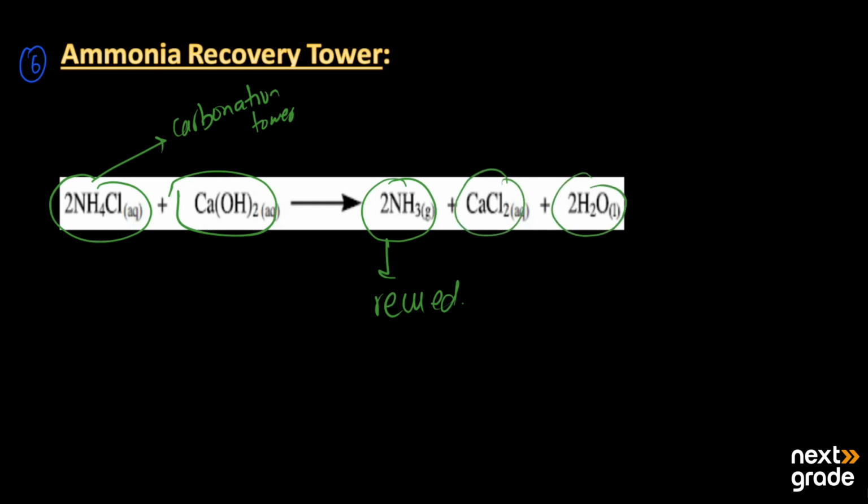In fact, all of the ammonia can be recovered in this tower and reused for the process. There are just minor losses of ammonia that can be compensated by the addition of fresh ammonia in the first step.